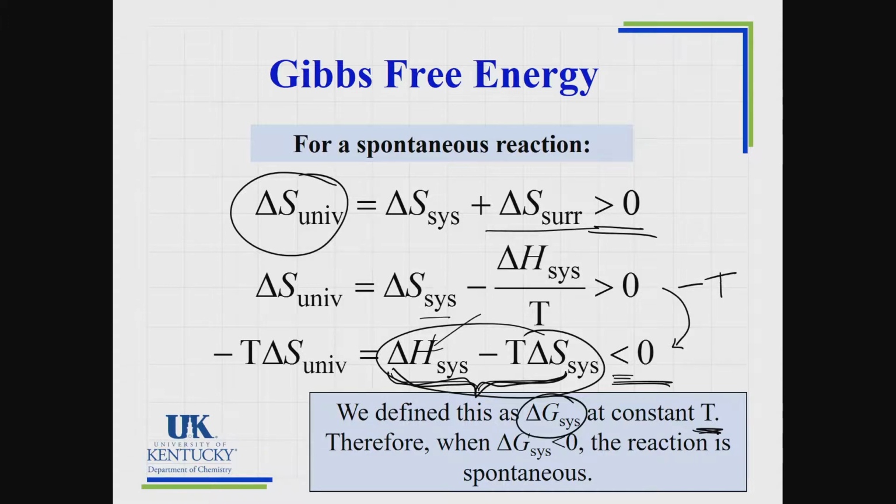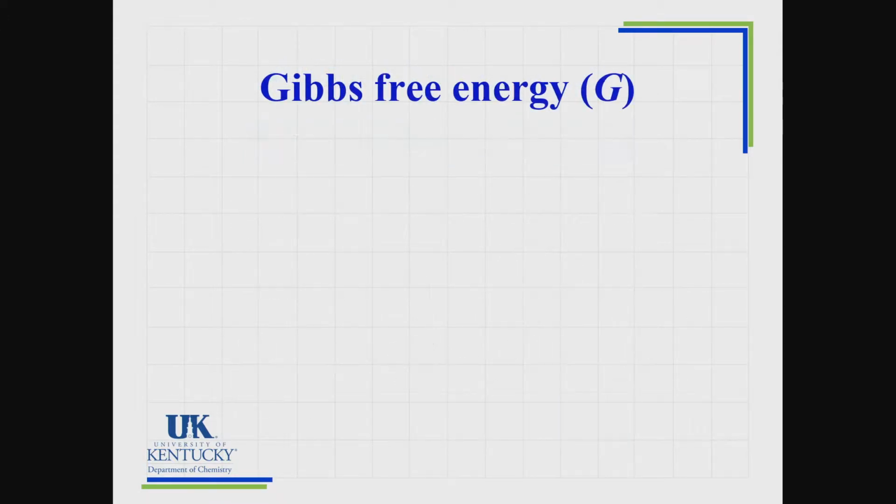So let's rewrite everything that we see here at the top of our next screen. Well, it's almost the same thing. I got rid of the delta. Gibbs free energy, which is just the G, is defined as H minus T times S. Now we can know entropy and have a value for that.